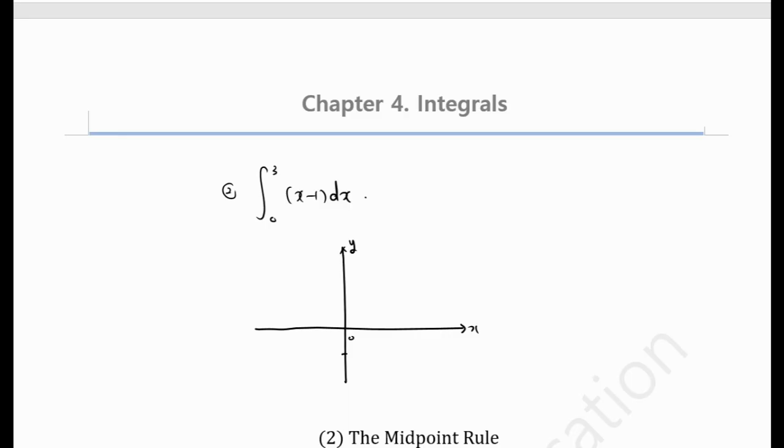At x equals 0, it is minus 1. From 0 to 3, this area is minus 1 over 2. This area has base 3 and height 2, so it is 3 times 2 over 2, which is 3. So the answer is 3 minus 1 over 2, which is 5 over 2. If you change this definite integral into a Riemann sum, the result is the same.